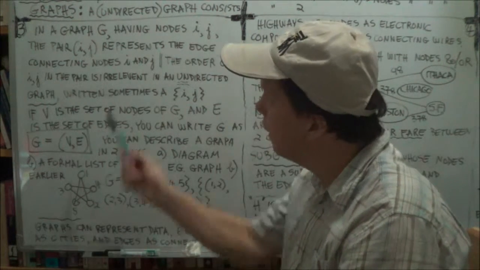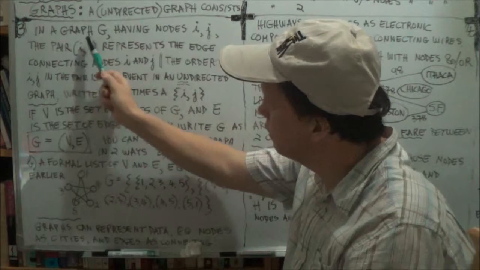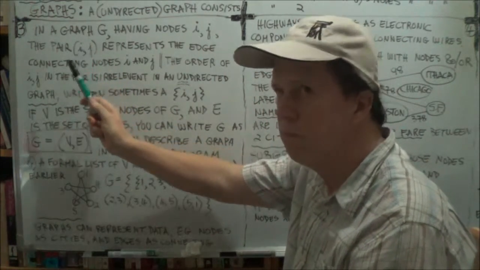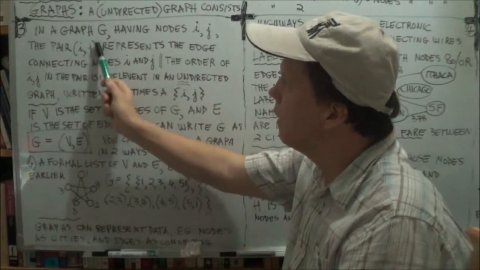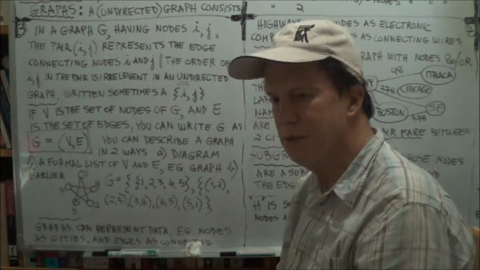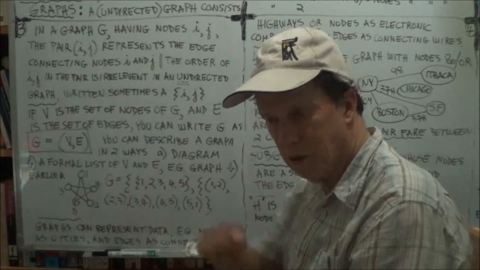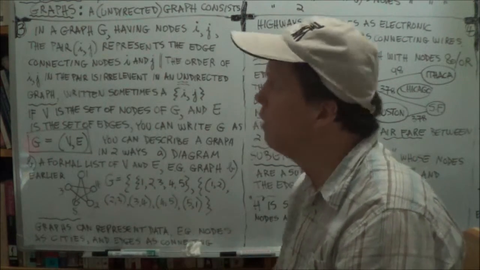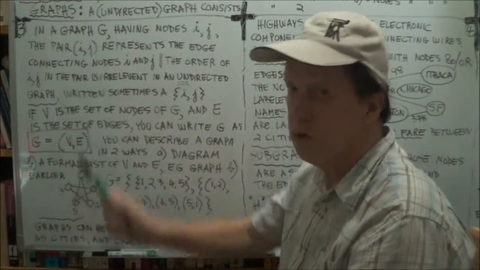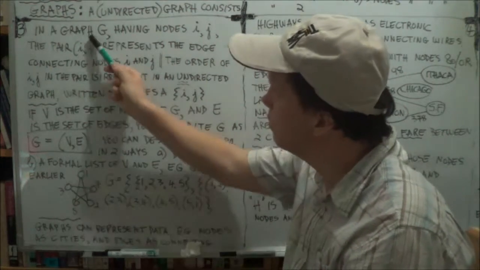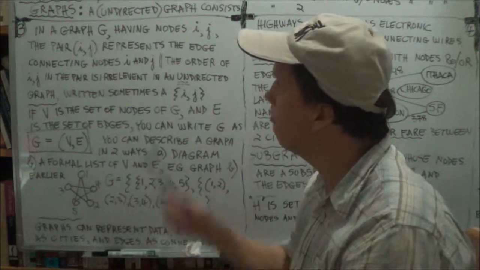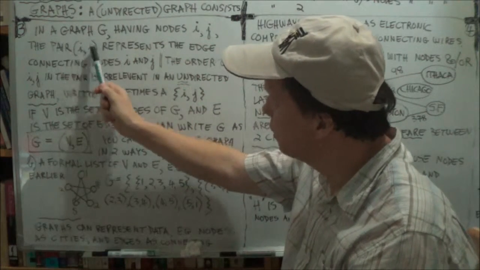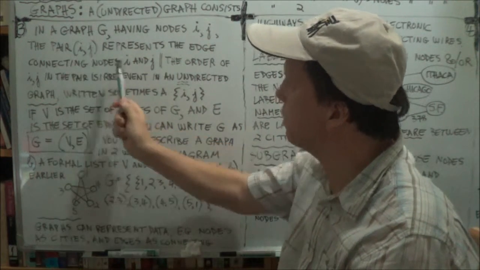And this pair here, in curly brackets, i comma j, means that there is an edge, a line, a connection between node i and node j. So that pair represents an edge, and the edge is connecting these two nodes, node i and node j.